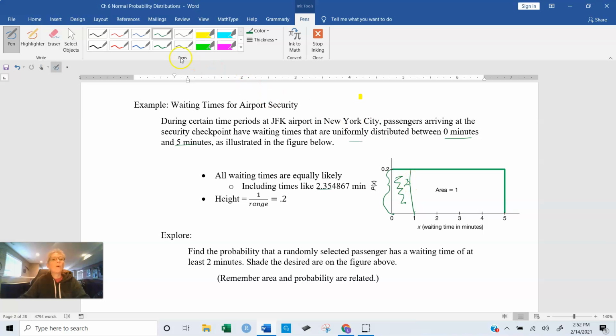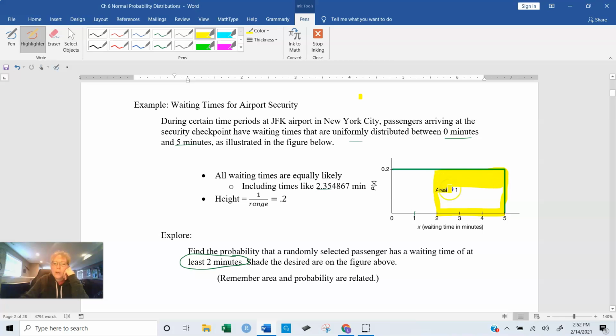All right, so now what we want to do is use this here and see what we can calculate. Let me erase this because I want you to shade some of this in. I want to find the probability that a randomly selected passenger has a wait time of at least 2 minutes. So that means 2 minutes or more. So we go to our uniform distribution and we go 2 minutes or more. So that's everybody here.